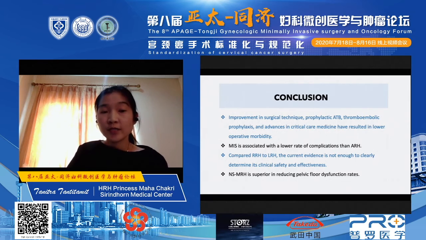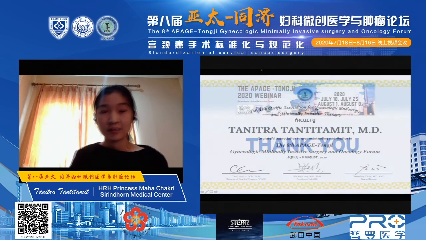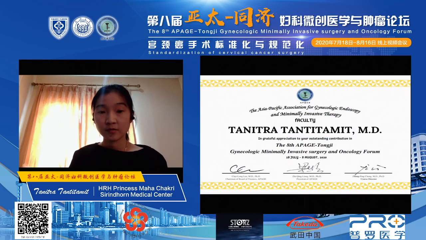Comparing between robotic and laparoscopic surgery, the current evidence is not enough to clearly determine its clinical safety and effectiveness. And nerve-sparing radical hysterectomy is superior in reducing pelvic floor dysfunction rate. Thank you very much.